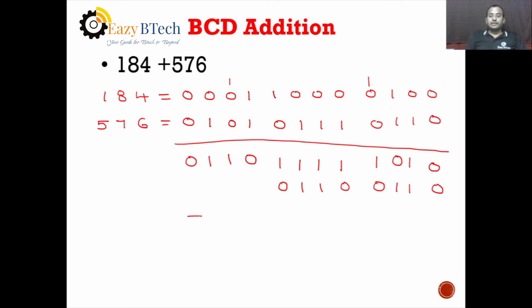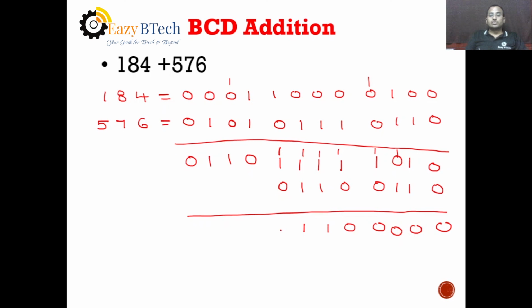So now add. 0 plus 0 is 0, 1 plus 1 sum 0 carry 1. Again 1 plus 1 sum 0 carry 1. Now again add, 1 plus 1 sum 0 carry 1. Now we have 3 ones, so sum 1 carry 1. Again we have 3 ones, sum 1 carry 1.